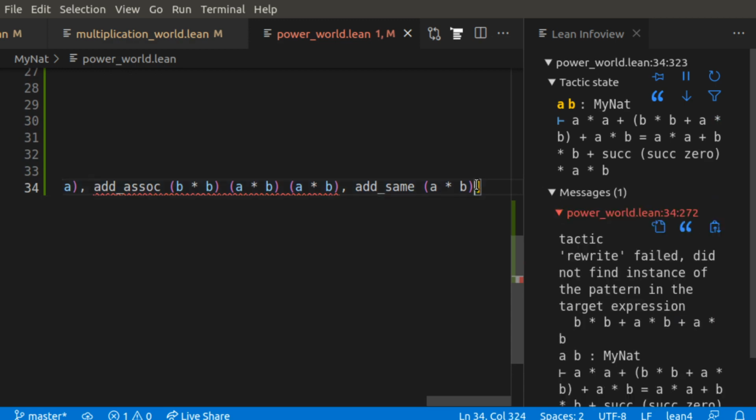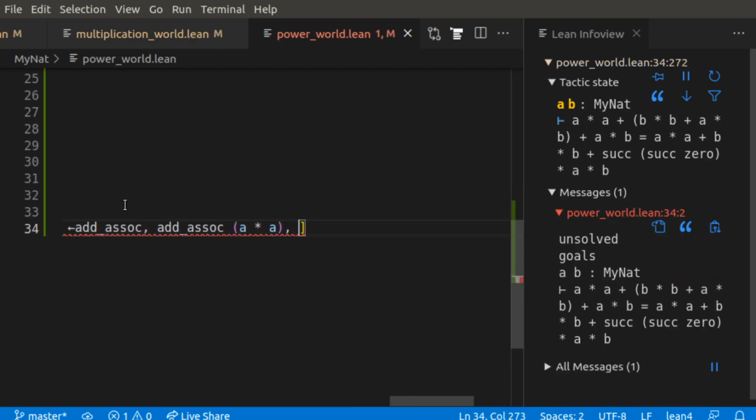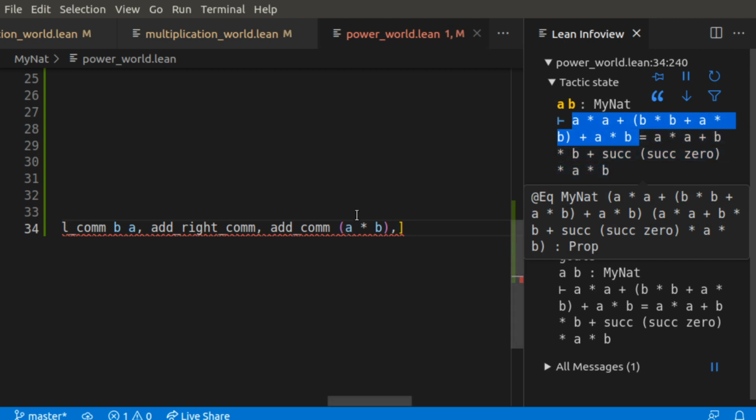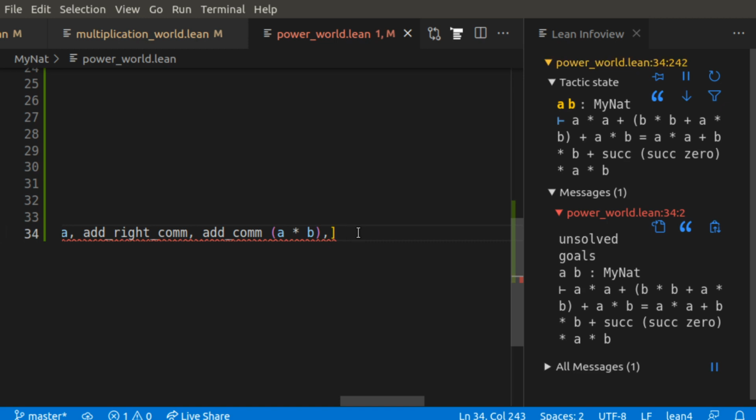Let's just delete what we have here for now, before any of these add associatives. So this effectively, let me just copy this to see what we're working with. This effectively is parentheses around this.